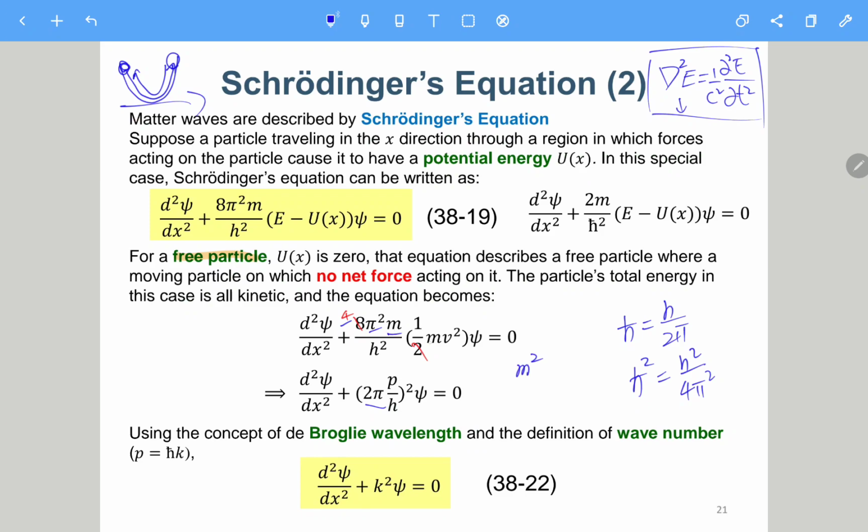This is an m, this is another m, so we have m squared v squared over h squared. So mv is p, so this is p over h, quantity squared. This is not h bar, this is h. P over h is actually 1 over lambda. So this is 2 pi over lambda. So this is nothing but k.